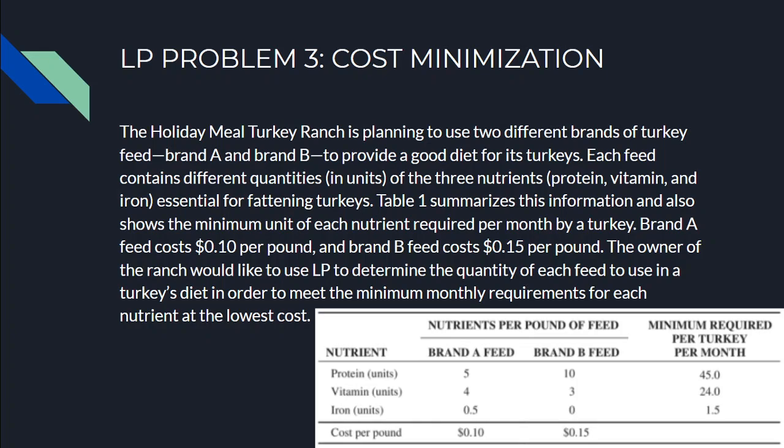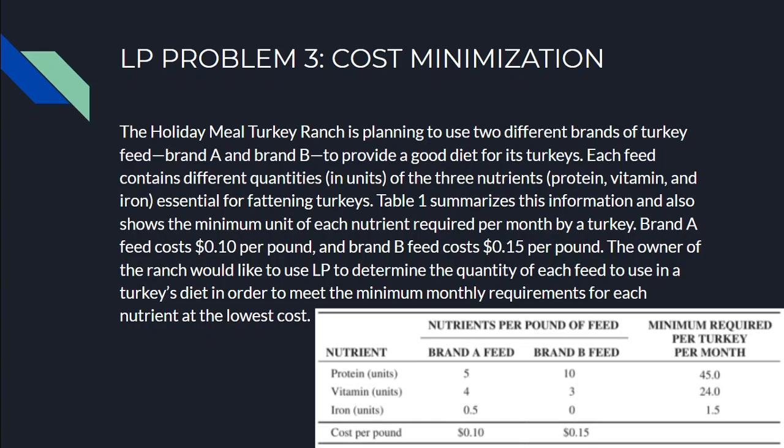Okay, so naintindihan natin, meron daw brand A and brand B na ginagamit si holiday meal turkey. Ngayon, yung brand A and brand B, meron silang parehong content, merong protein and vitamin and iron, pero magkaiba yung quantities ng bawat nutrient, okay? Sa bawat isa sa kanila.